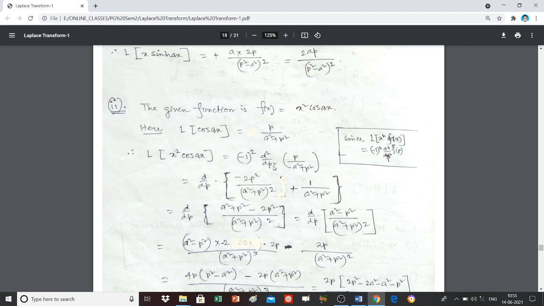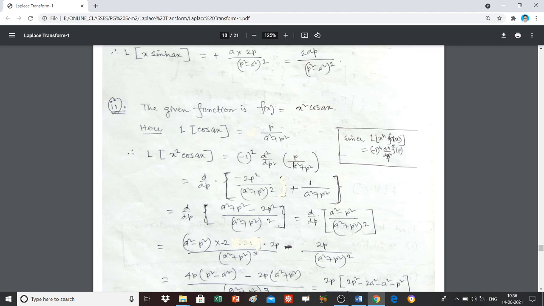Then d²/dp² of p/(a² + p²). So that is equal to d²/dp² of p/(a² + p²).